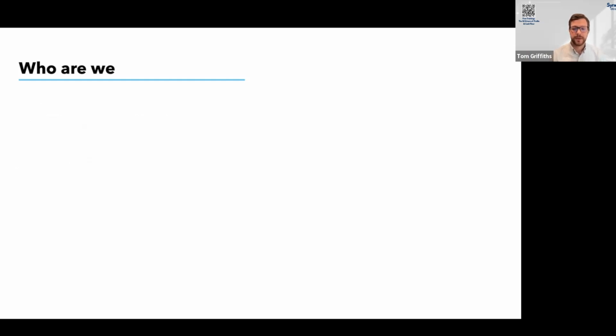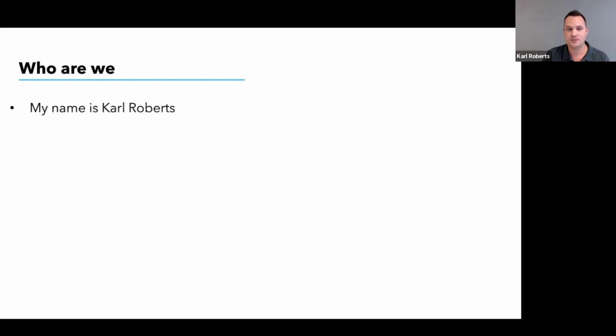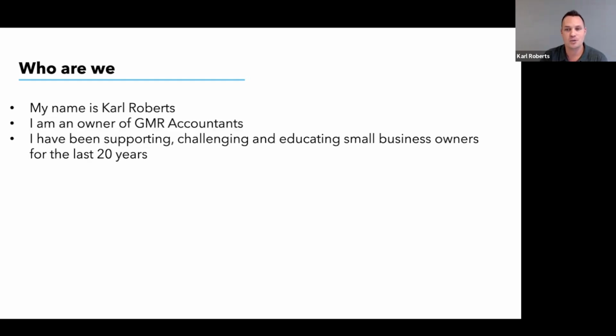I'll let Karl introduce himself. Thanks, Tom. So that's me, Karl Roberts. I own an accountancy practice called GMR Accountants. I'm a part owner, so I have a business partner. I bought into the business in 2012. Up until that point, I was your typical accountant, preparing accounts, tax returns, doing all that lovely stuff.